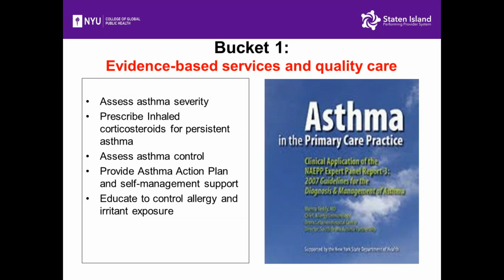Some of the highlights of the guidelines are summarized here. And as you can see, they include getting a good medical history, asthma severity, asthma control, that they involve prescribing the right medications for the level of severity, and ensuring that there's sufficient education for parents about medications and addressing environmental hazards.